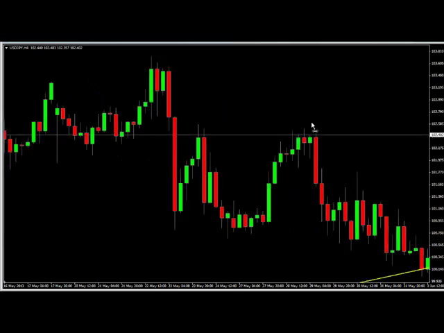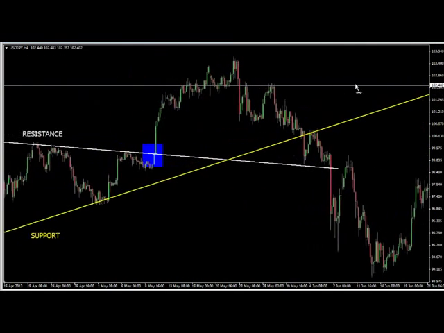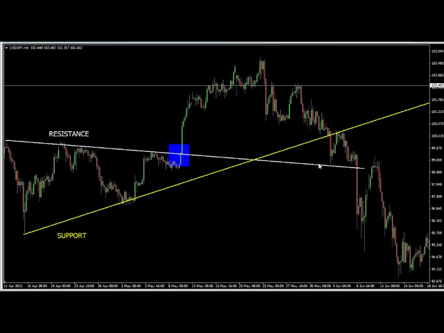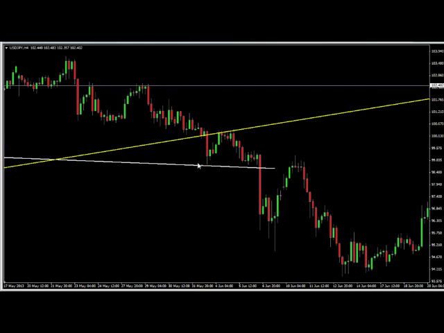And look what this does. It travels through the level of support, bounces off our level of resistance, which becomes support, and moves back up to once again revert the level of support to resistance. So now we resist from this, continue down, and then we have yet another break here.